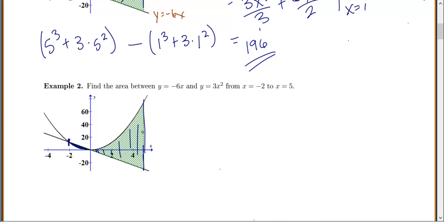So these curves cross, and we always have to have the higher curve on top when we integrate. So that means we're going to have to break it up into two pieces. So we're going to have to integrate from negative 2 to 0, and this time we'll put the line on top because the line is higher. So the line is higher here, but here the parabola is higher.